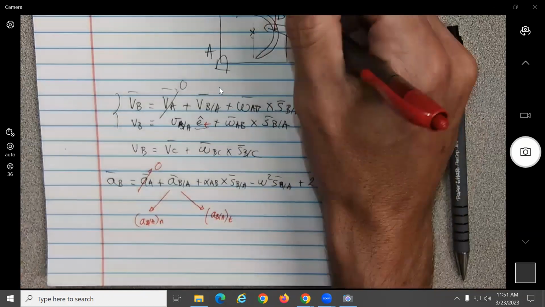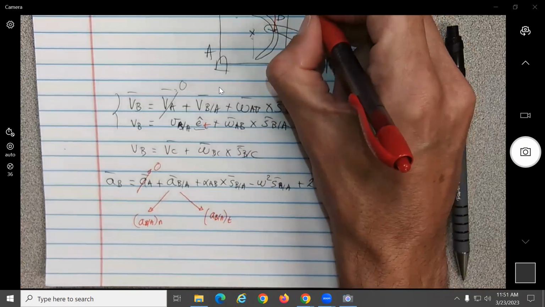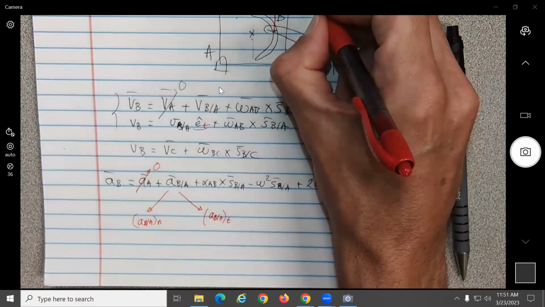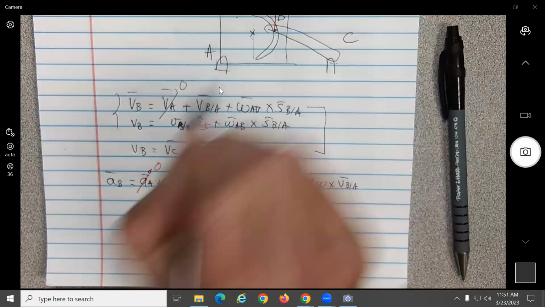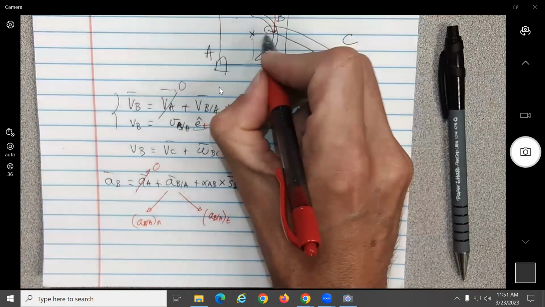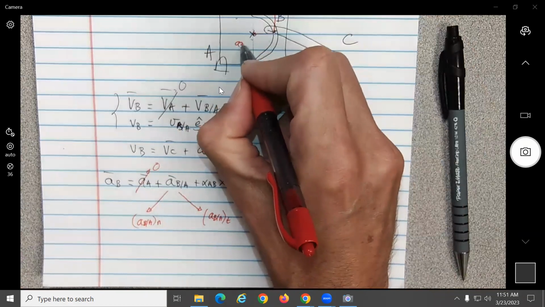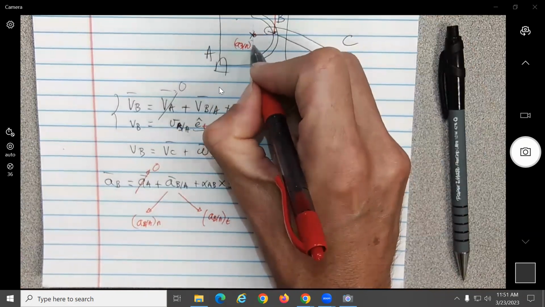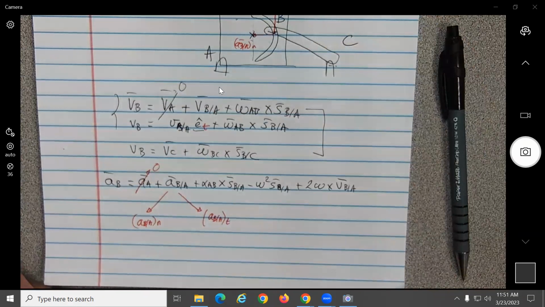You will have the tangential term over here, no? Correct? And you will have a normal term over here in that direction.